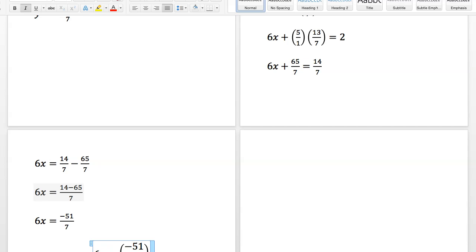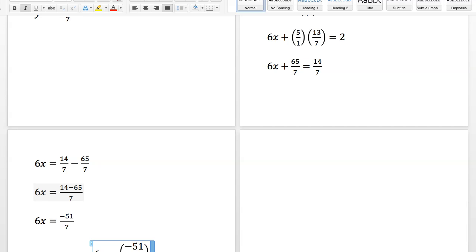It would be all yucky, because there's a rule in algebra that says you'd multiply that 6 into that 7 and get 42, and indeed you would have neg 51 over 42, and that would reduce a little bit, but that's kind of yucky. That's awful, how shall I say, not fun.